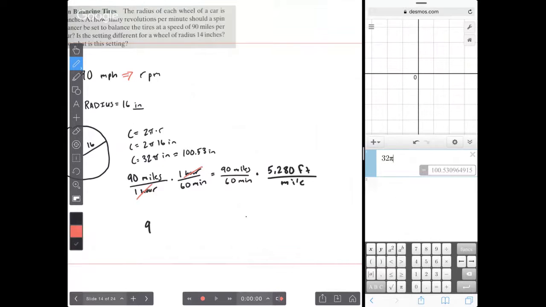So I've got 90 times 5,280 over 60 in feet per minute, and then times 12 inches in 1 foot.